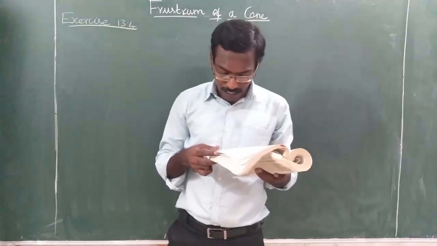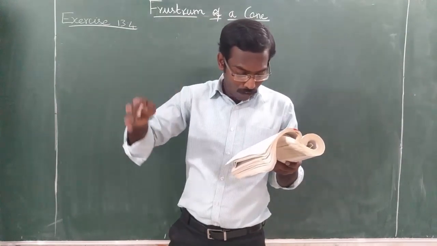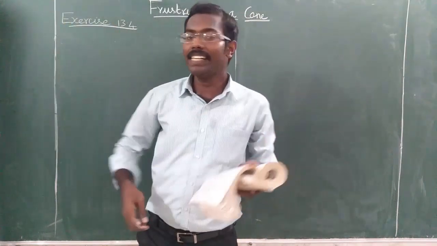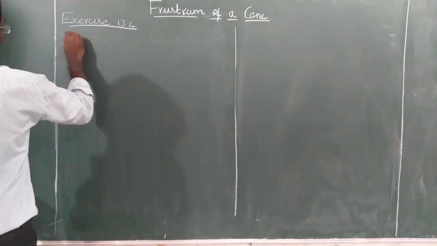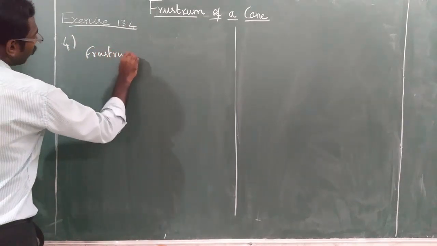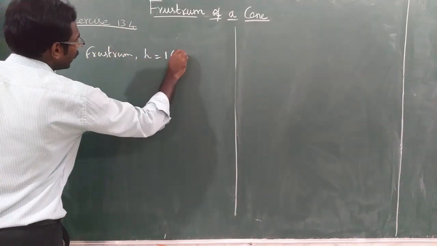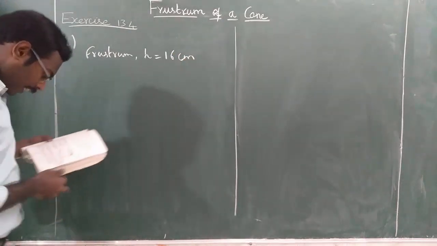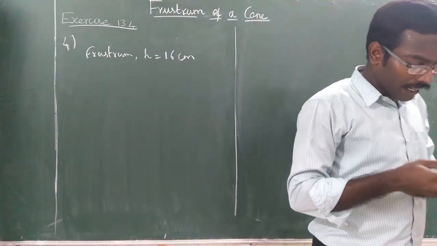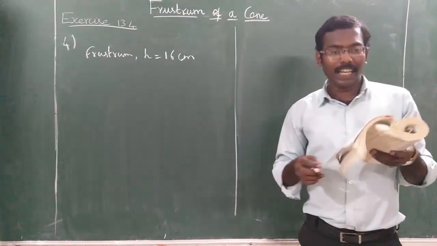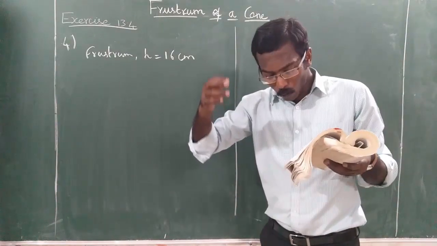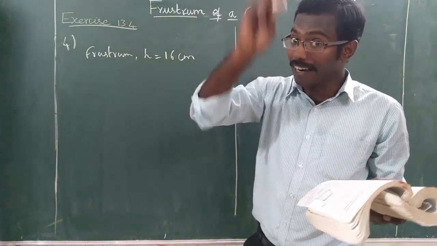It is in the form of a frustum of a cone of height 16 centimeters, with the radii of its lower and upper ends as 8 centimeter and 20 centimeter respectively. The radius is, one is 8 centimeter, another one is 20 centimeter.